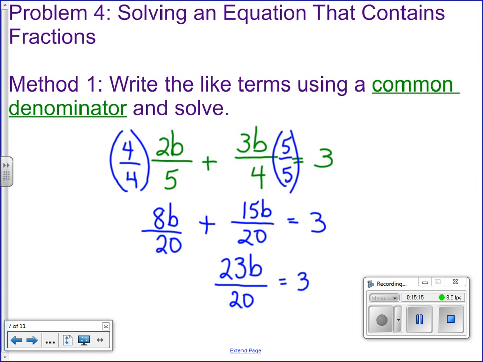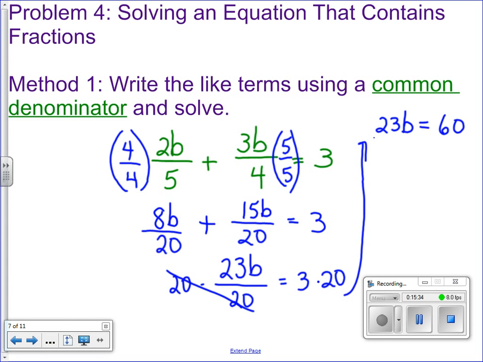All right, multiplying both sides by 20. And I'm going to move up here. 20 over 20 cancels out, and I have 23b is equal to 3 times 20 is 60. Then my last step would be to divide by 23.